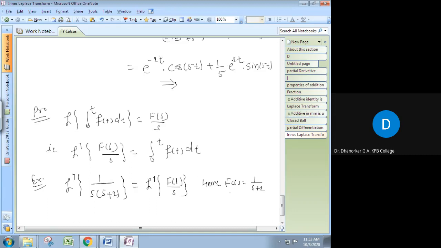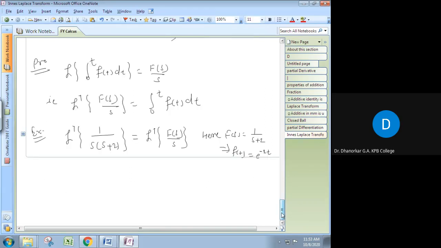If this is our F of s, then what will be the corresponding f of t? e raised to power minus 2t. Then we know that if this formula is there, F of s divided by s, then we can write this as integration 0 to t of f of t into dt.